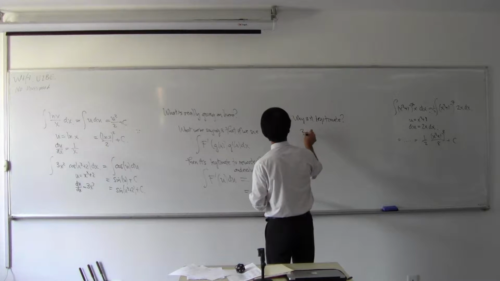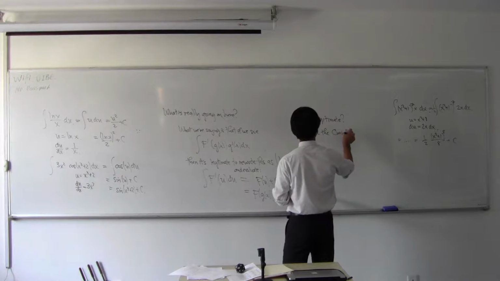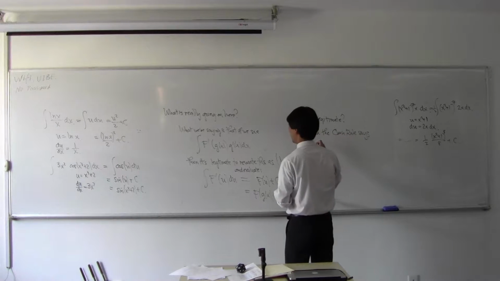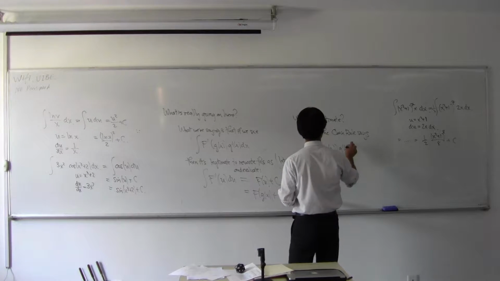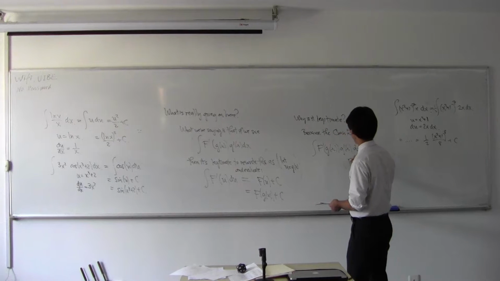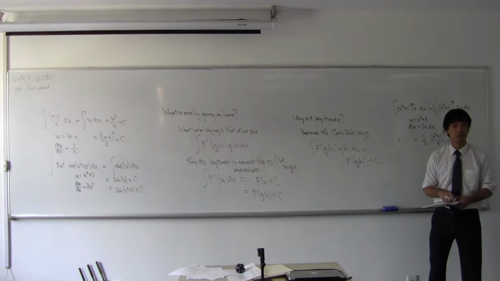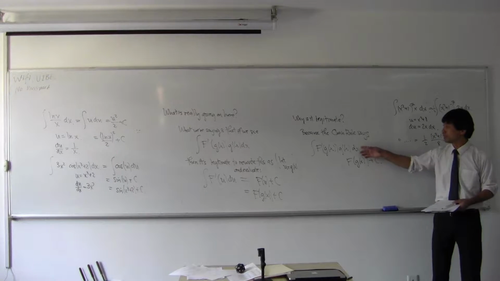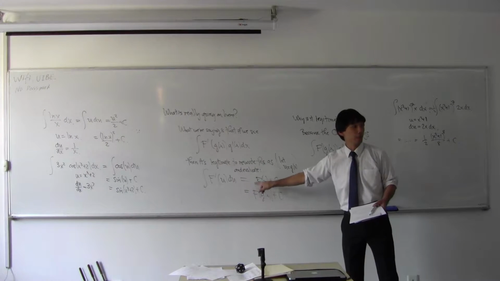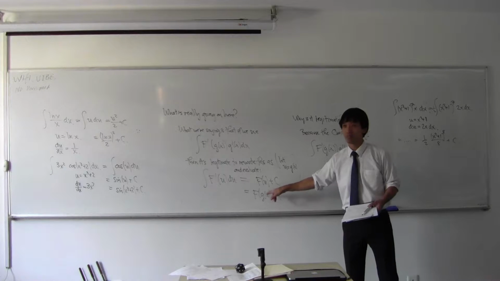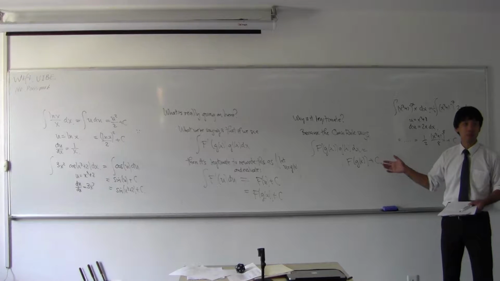Because the chain rule says so. The chain rule says that the antiderivative of this is just going to be f of g of x plus c. That's what we get if we do this substitution. So because of the chain rule, it's okay to use substitution.